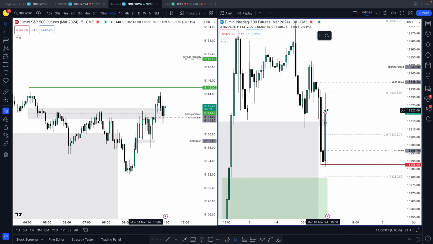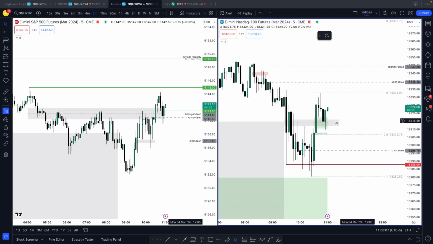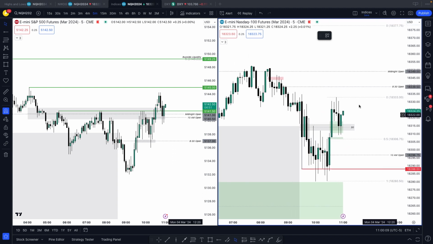Okay, so we closed above the SIBI right there. That's a bullish signature. So now we'll just want to see if we can continue seeing signatures that support bullish order flow. So here we're closing above the consequent encroachment of this 5-minute BISI. All right. And we'll see if we can frame an idea to reach up toward the buy side. You could already have the trade just based off of the 5-minute BISI here.